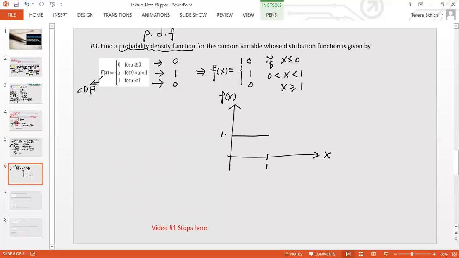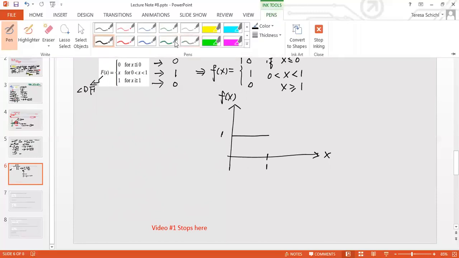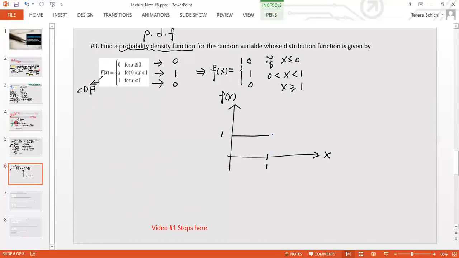So this is 1, and outside of that it's 0. This is my PDF. Is it correct? I hope so. That means if you find the area under here, what is the area? It's 1. That's good, so I know this is right.